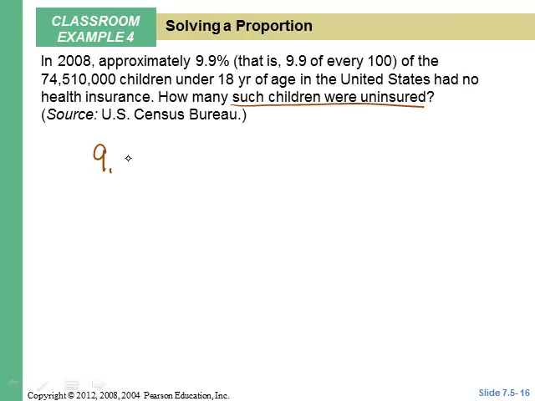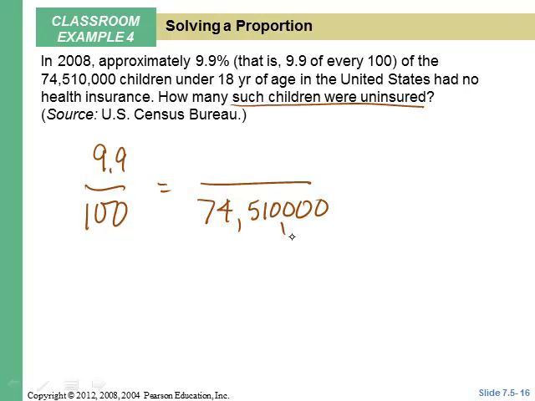So 9.9 out of 100 is how many out of 74,510,000? So we're going to cross multiply and divide: 74,510,000 times 9.9 divided by 100 is 7,376,490.